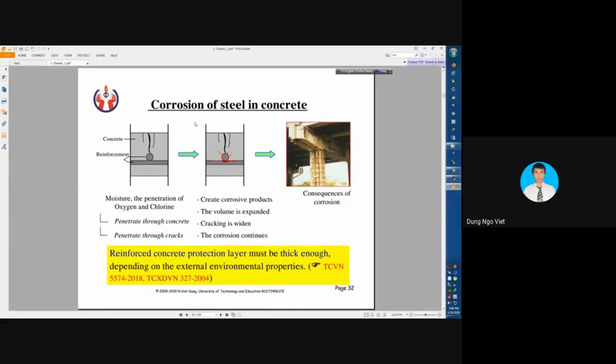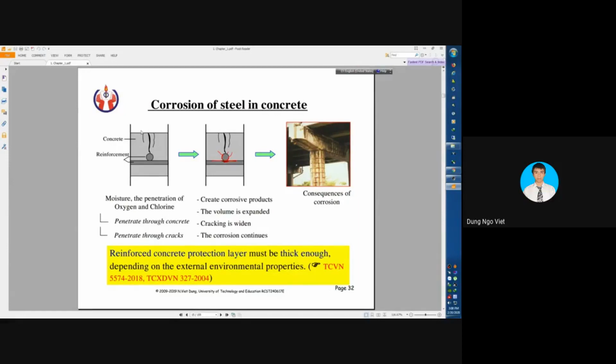And when the corrosion happens here, the volume of the reinforcement expands and the cracking is widened. And the corrosion continues. Here is an example of the consequence of corrosion in a bridge.